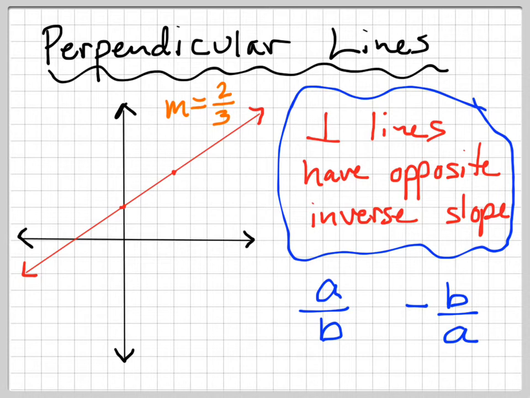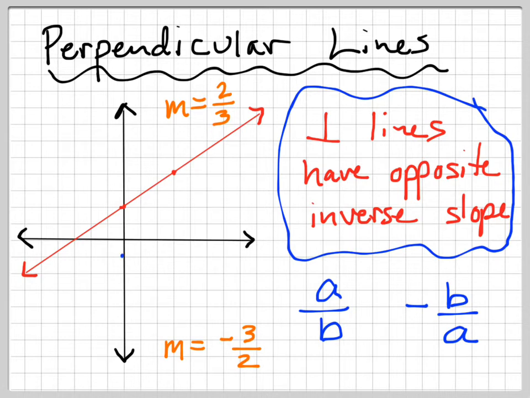So I can pick any line perpendicular to this. I don't really care where it crosses the y-axis. But over down here I'm going to definitely identify what the slope has to be. So I would change the sign, negative 3/2. So I'm going to pick, again, any point, maybe, how about down here at -1.